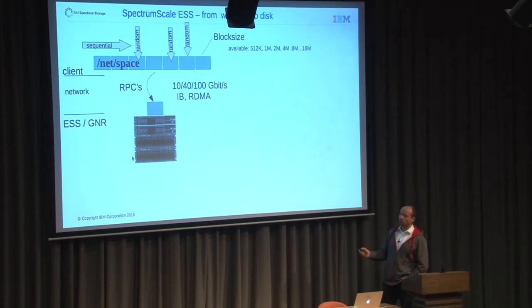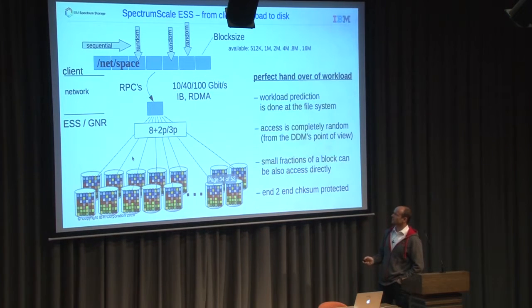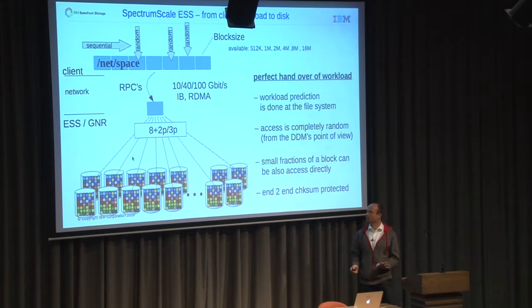You have various block sizes, I explained already. What happens now is that the ESS pushes the data or fetches the data down from disks. So the workload detection happens here. And from the point of view on a disk level, all I/O is completely random.